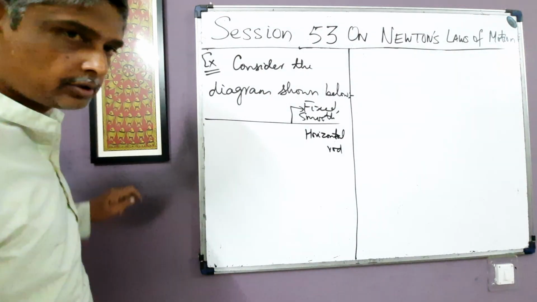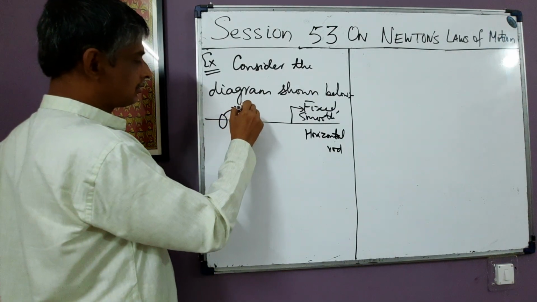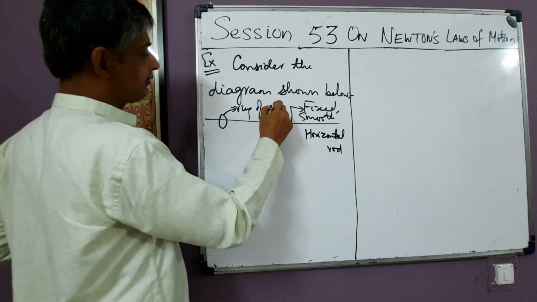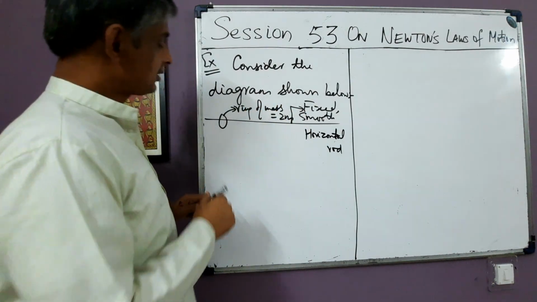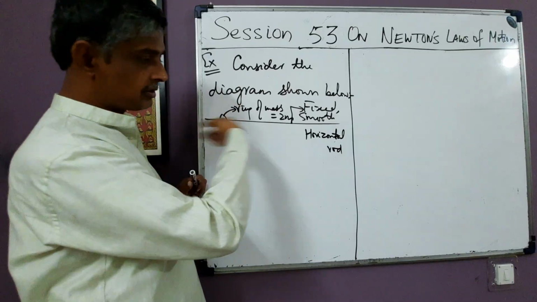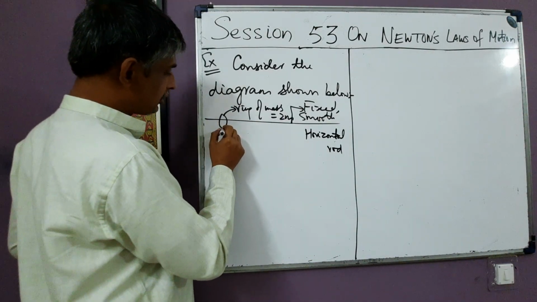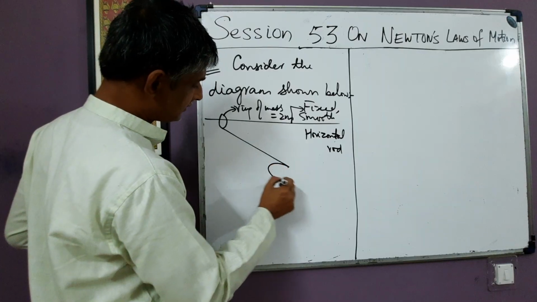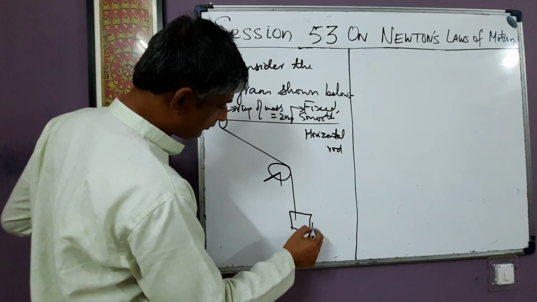Fixed, smooth, horizontal rod. This is a ring of mass 2m. This ring can slide without friction along this rod. Now this ring is attached by means of an inextensible string to another hanging block of mass m.